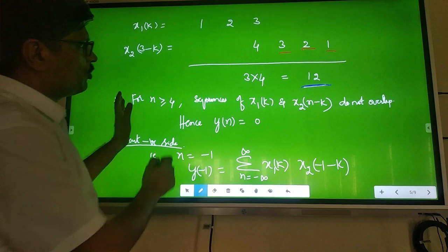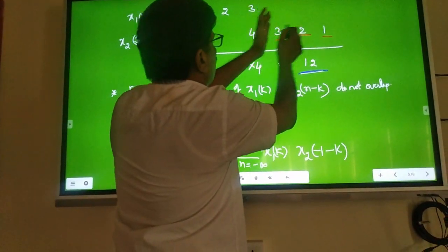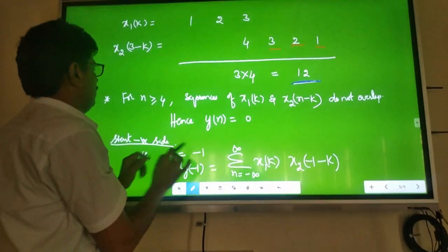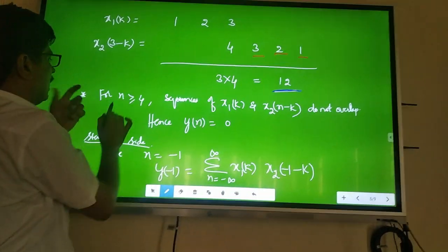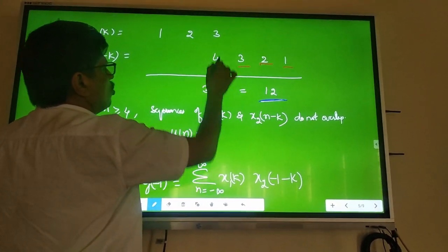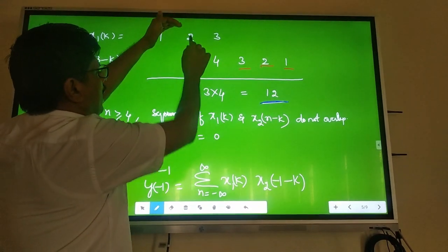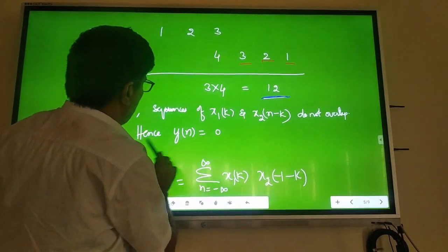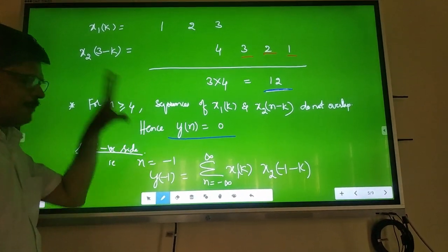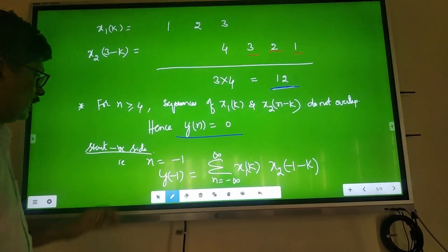Afterwards, if you shift to the right side, what will happen? This goes outside and you will not get any overlapping sequence. Stop at that stage on the right side. For n greater than or equal to 4, the sequences x1[k] and x2[n minus k] do not overlap, hence y[n] is 0. Stop the right side shifting.